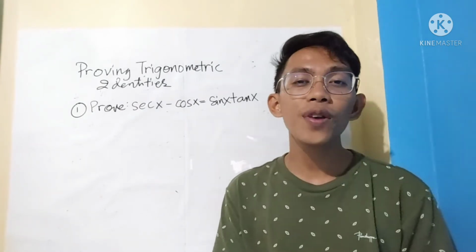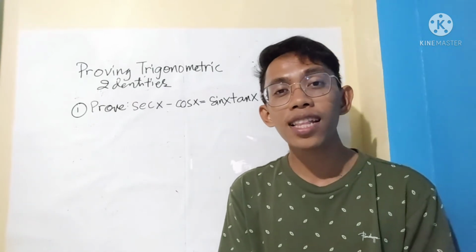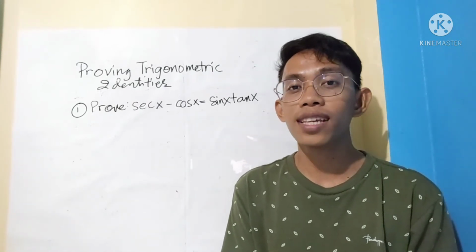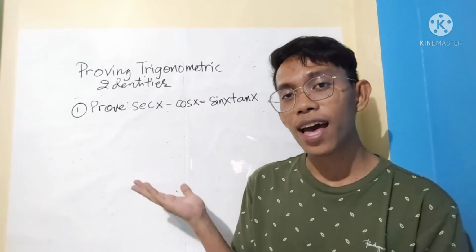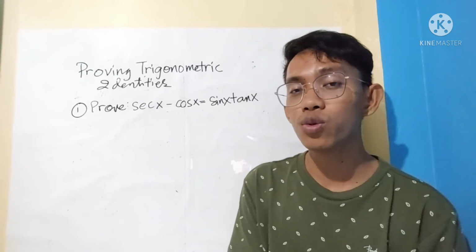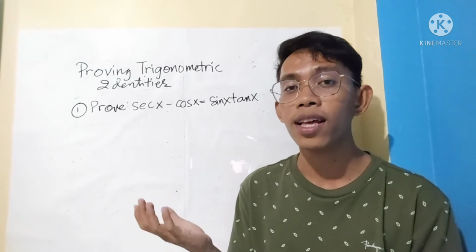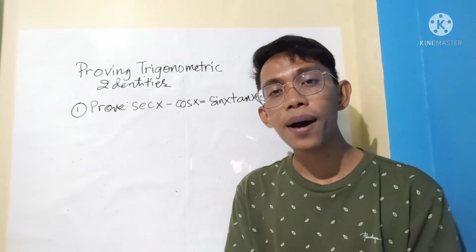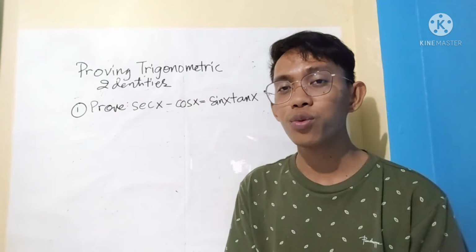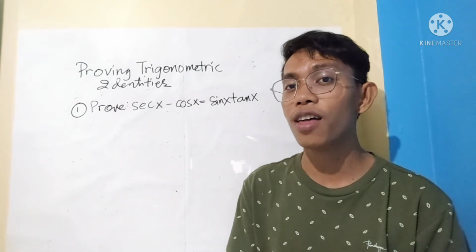i-prove. In proving an identity, ang pwede lang nating galawin ay yung isang side. So, pipili tayo sa left hand at sa right hand kung ano yung sa tingin natin ay mas convenient na galawin. At ang goal natin ay mapalabas na equal nga yung side na yon dun sa other side.